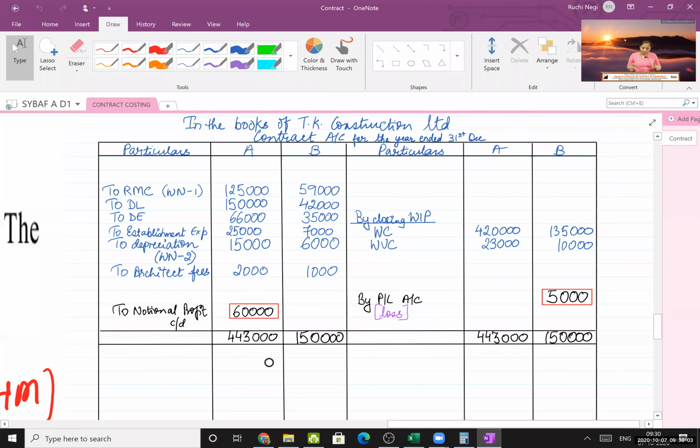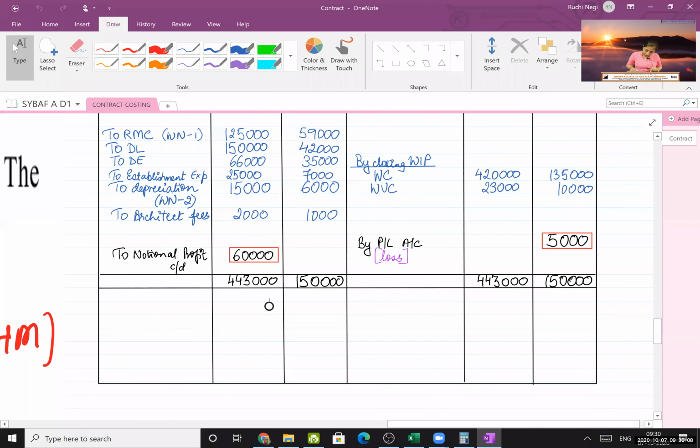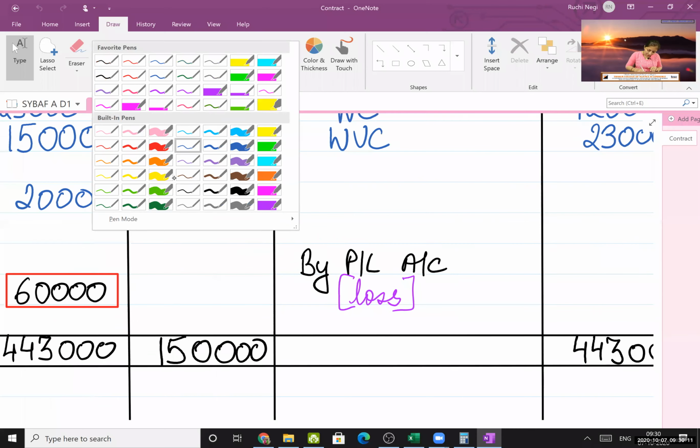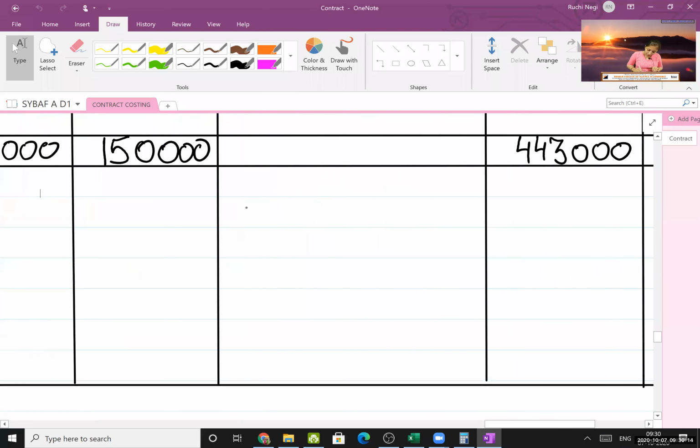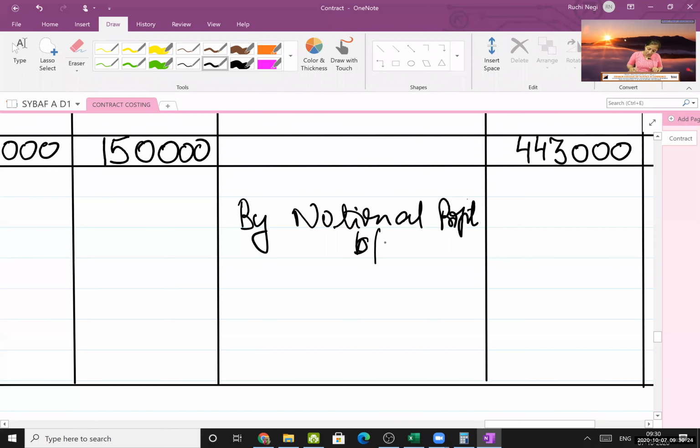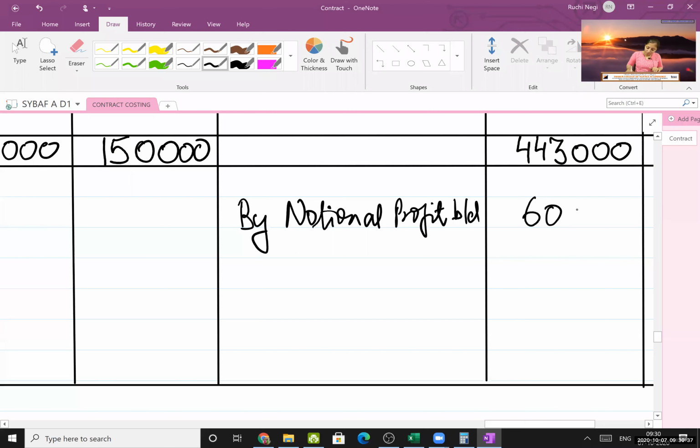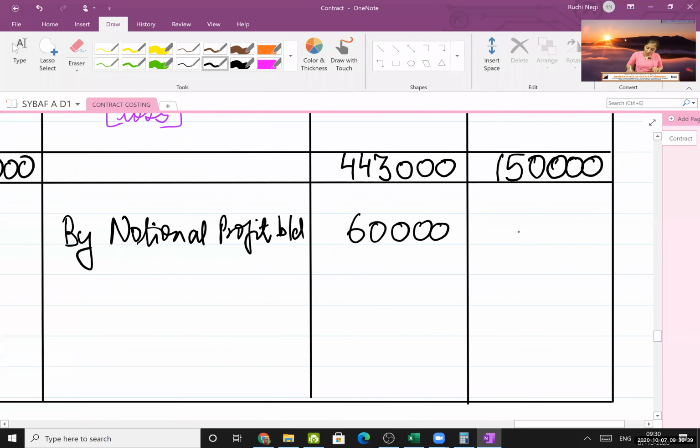Right. Now we will check the range. It falls in which range? By notional profit brought down, 60,000.